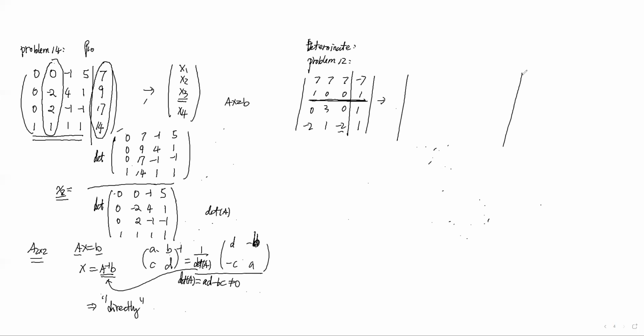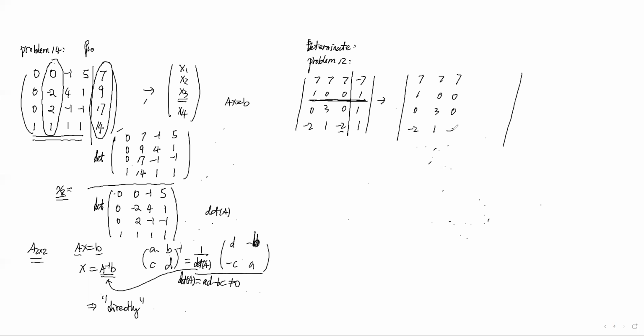So how do we cancel this? We multiply the first column by -1 and add it to the fourth column. We just copy this: 7 7 0 1 1 0 3 1 -2.